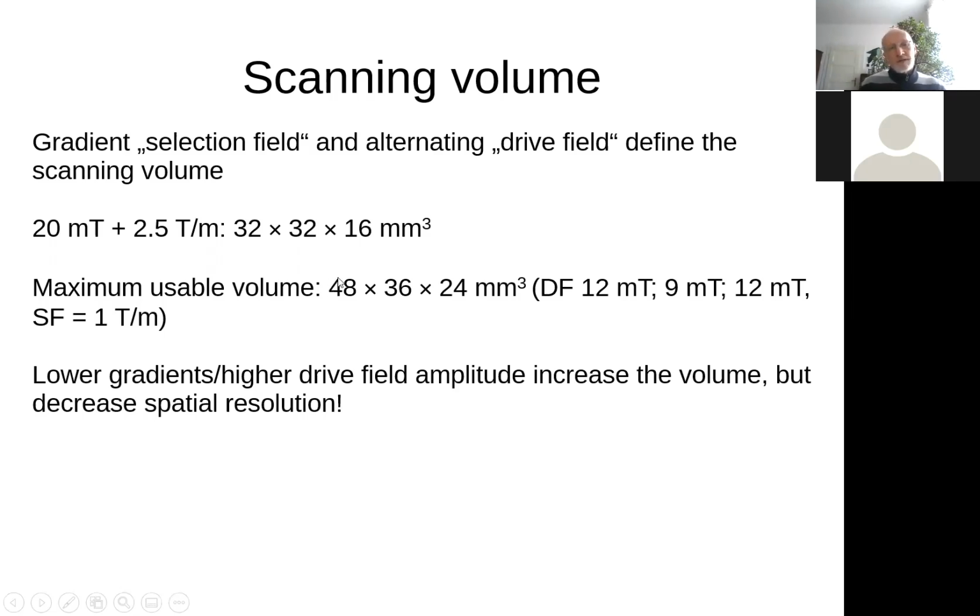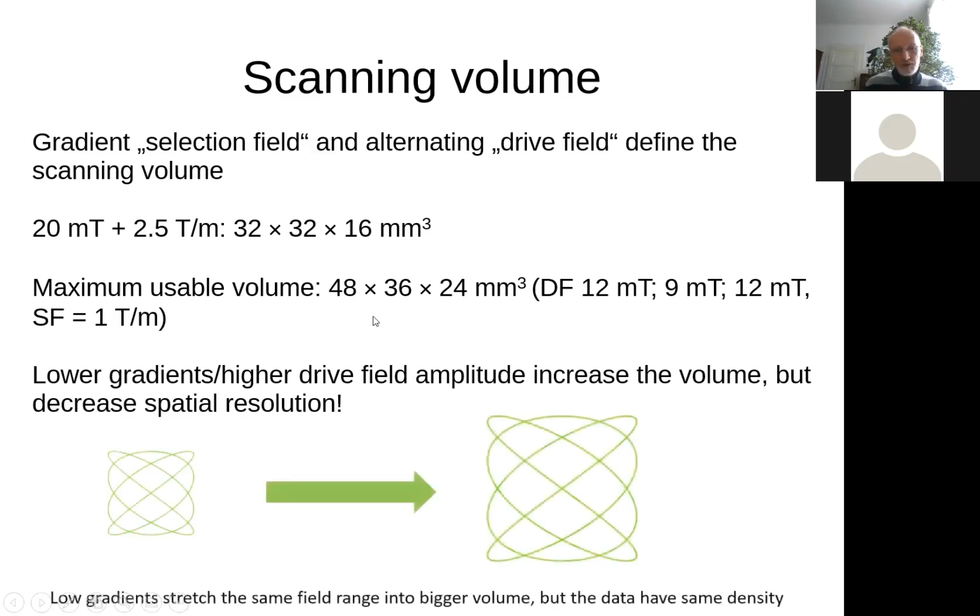So there are some possibilities how to enlarge it. Of course, we can lower the gradients and use a higher drive field amplitude, which would increase the volume, but we should be aware of the fact that this would decrease spatial resolution. The problem is that we have the same Lissajous trajectory. We cannot change this because it's given by the frequency.